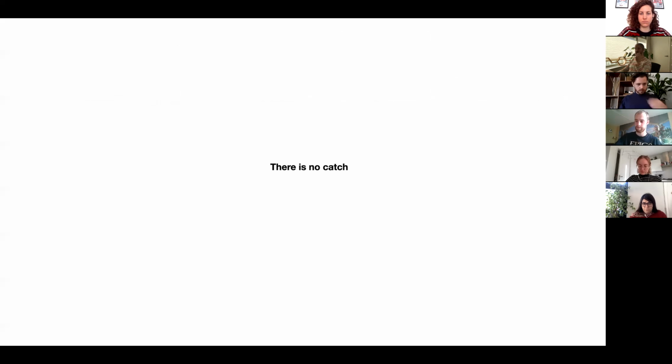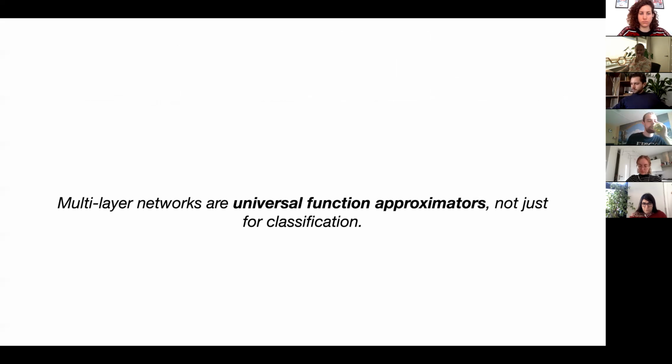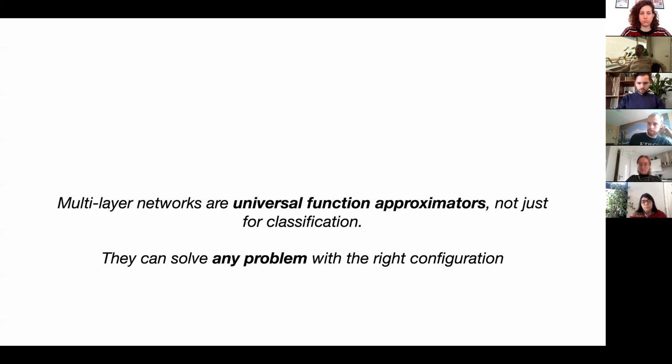These models can solve everything, and it's because multi-layer networks are universal function approximators. So not just for classification, it is mathematically a fact that these multi-layer networks can solve any mathematical function. So there's no problem that these cannot solve.